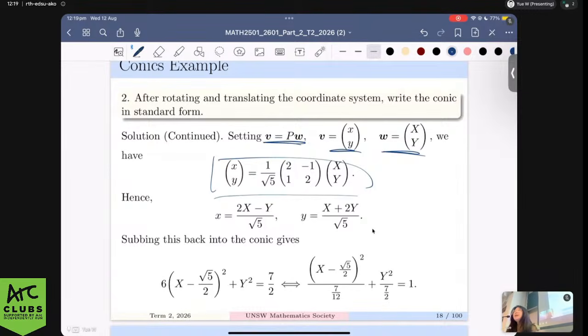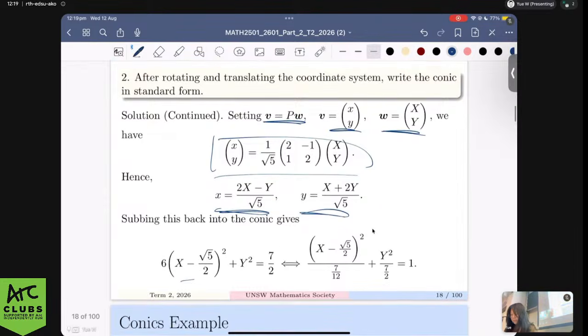And if you expand the right-hand side, you should be able to get lowercase x in terms of some expression in capital X and Y. And you can also get the same for lowercase y as well. So if you sub this back into the conic expression, again, just a bunch of tedious algebra, I'll leave it for you guys to do yourself. You should be able to get this expression here, which is basically just an ellipse if you rearrange it.